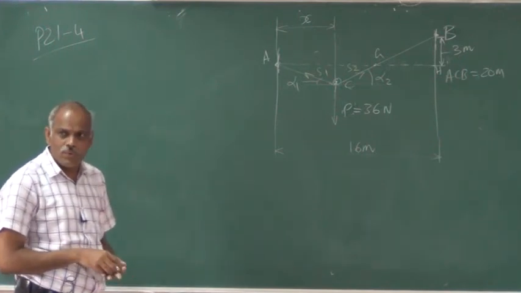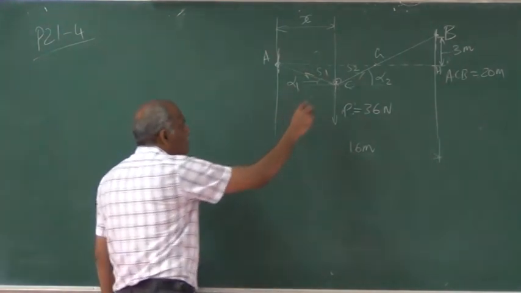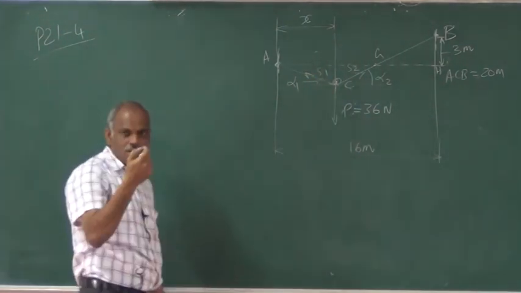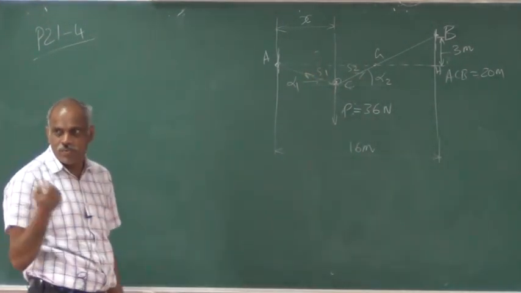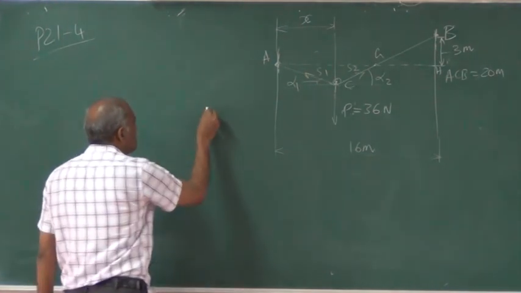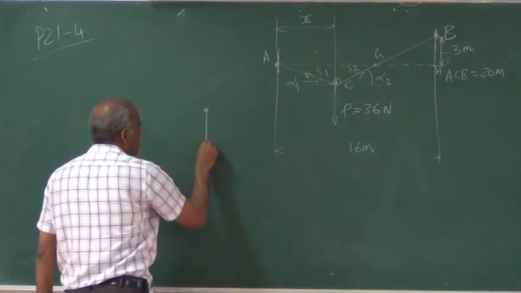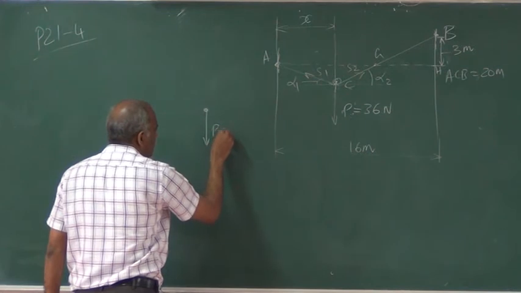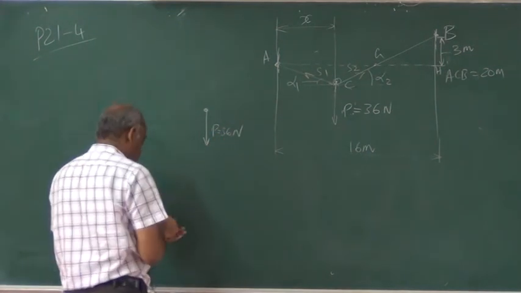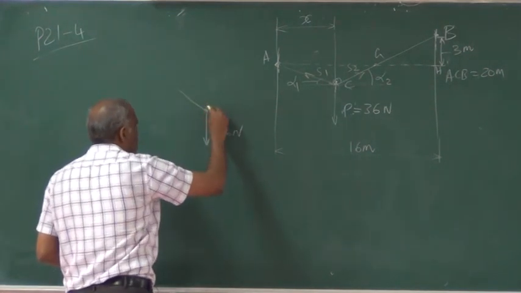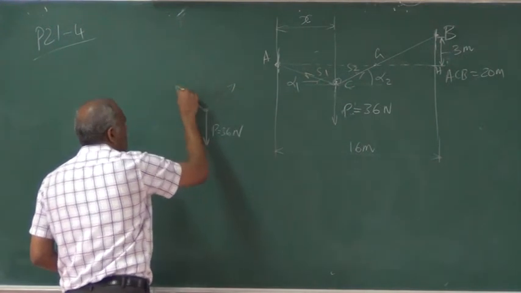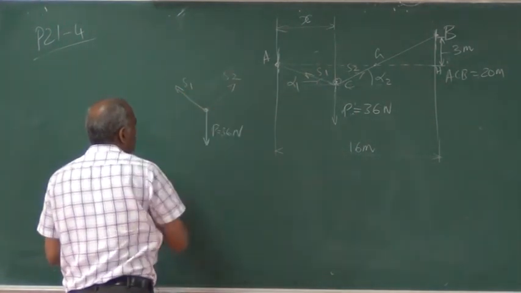Here, if you look at the equilibrium of this particular point, the bottom of the pulley, or the pulley itself, considering that it has negligible dimension, then you have this P equal to 36 Newton. You have the two tensions, S1 and S2.